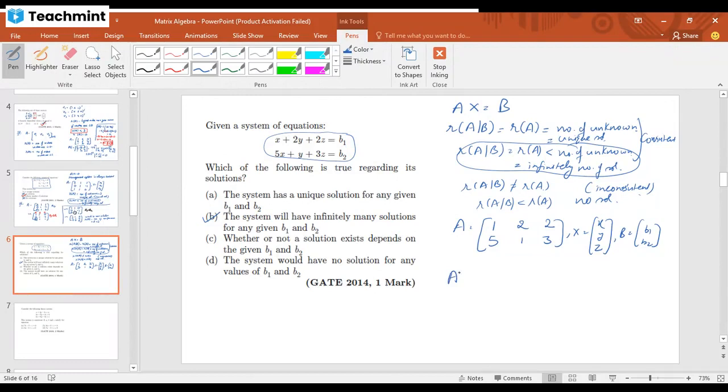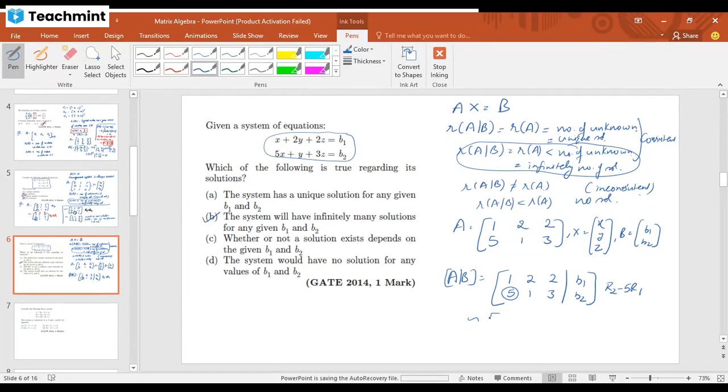Firstly, we are considering the augmented matrix, A augmented B. On one side we are considering the matrix A, on the other side B1 and B2. Now to reduce it into row echelon form, we apply the operation R2 minus 5 times R1, because I want to make this entry 0 and already this entry is 1.